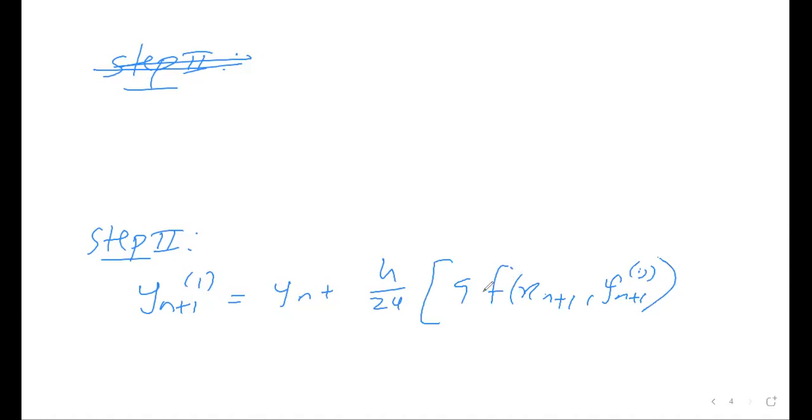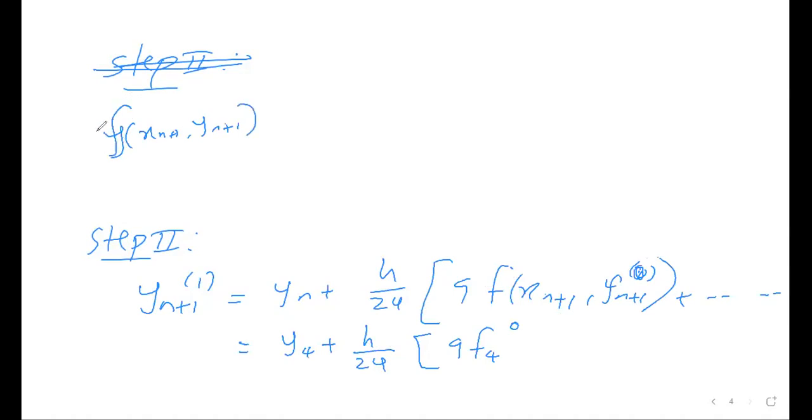Which is kind of, I can say, y4. There are some more as well. You can write that, h by 24. This I can abbreviate as f40. Sorry, f of xn plus 1, yn plus 1 I can write as f4.